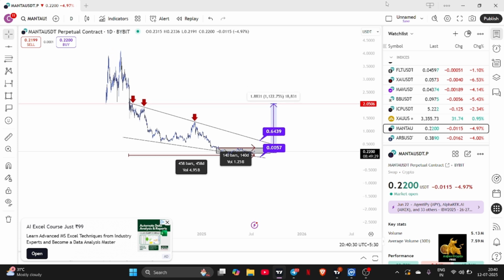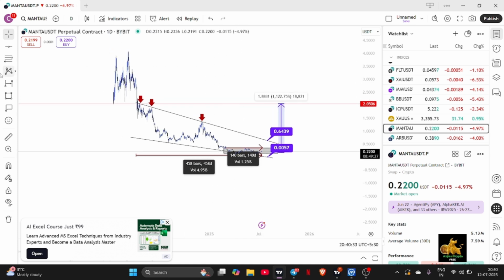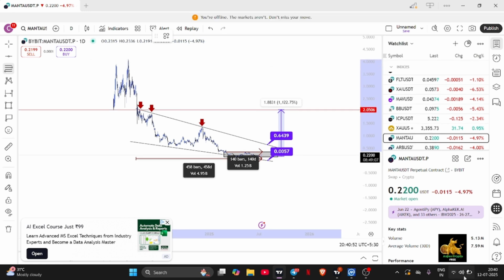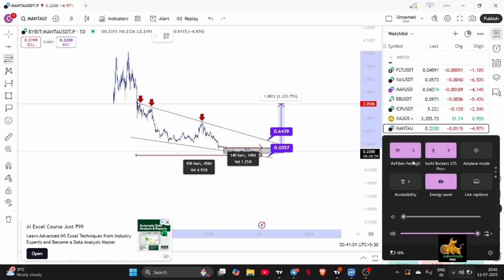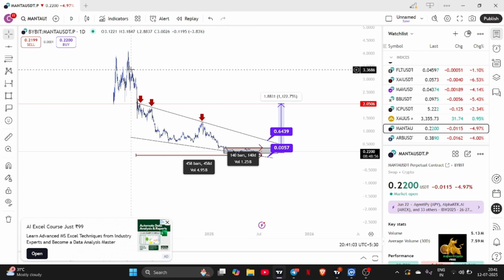okay, so you can see Manta is forming a bullish pattern, and here I add fib retracement level. Here you can see 4.09 is our Manta high.